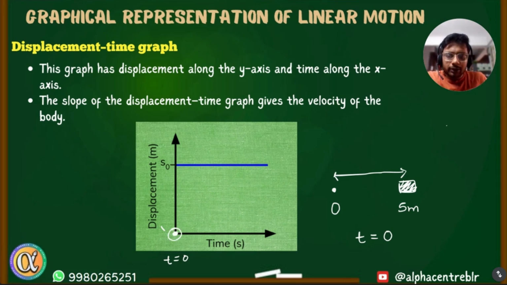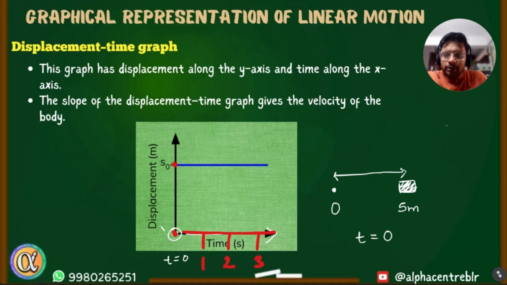At this point, time is zero. And as you go towards the right side on the graph paper, towards the x-axis, time increases from 0 to 1 second, 2 seconds, 3 seconds. See, this blue graph is the actual displacement time graph. The black lines are just the axes. So at 0 seconds, what is the displacement?